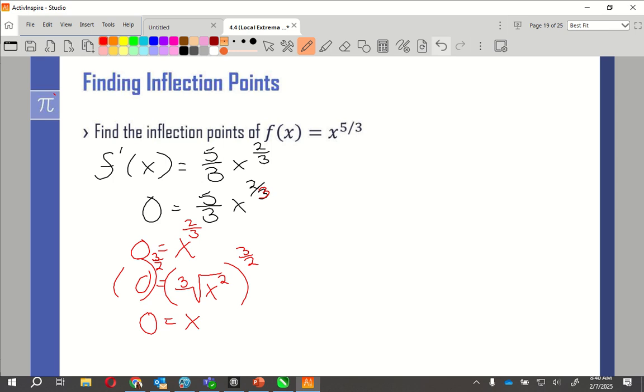One critical point. Now let's find the second derivative here. So f double prime of x is going to be equal to, let's see, that would be 10 over 9 x to the negative 1/3.